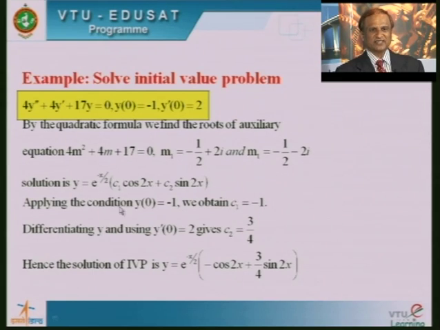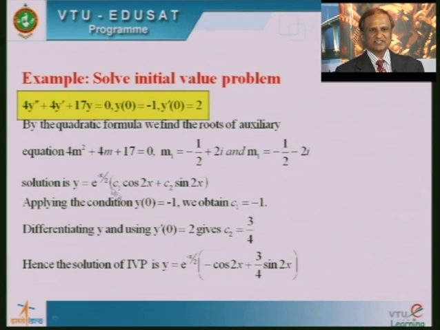Then differentiating the solution, because I want to use one more condition, y single prime of 0, I will differentiate this function using the product rule. Then I can use y single prime of 0 is equal to 2, and I can obtain the value of another constant, namely c2 is equal to 3 by 4, right.